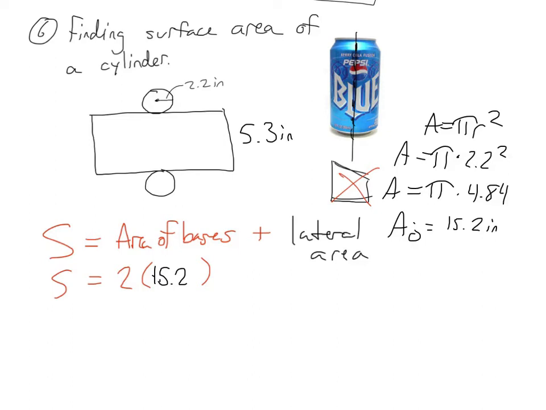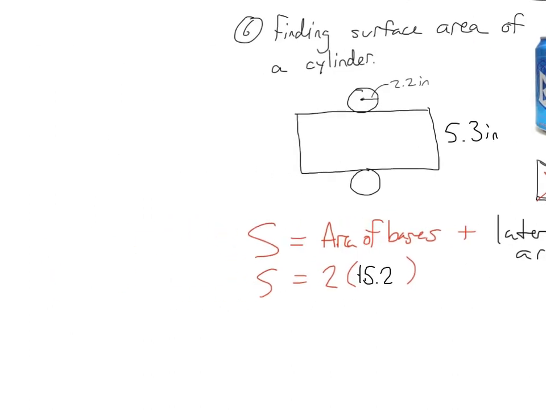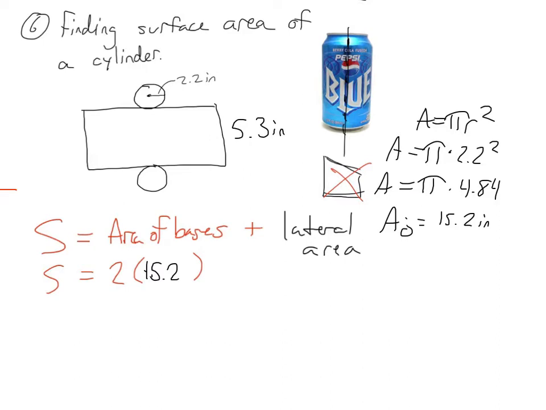If you took one of the bases of the soda can and it was cut right there, and you unfurled it, you would get that sort of shape. And if you took that length and curled it back up into a circle, you would get that right there. So here we have a circle with a radius of 2.2, and a distance around the circle that, if we chopped it right there and unfurled it, would give us that length right there.